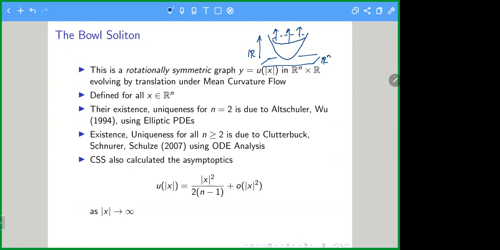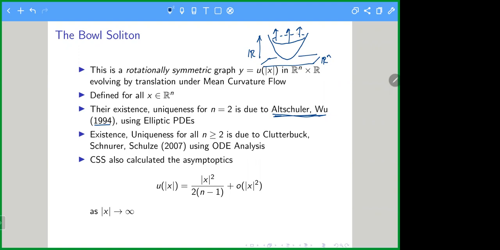The fact that these things exist goes back to 1994, work by Altschuler and Wu. They showed that these exist, not just the radially symmetric ones, but more general ones without any symmetry also exist, and they used existence of solutions to Dirichlet boundary value problems and that sort of technique.